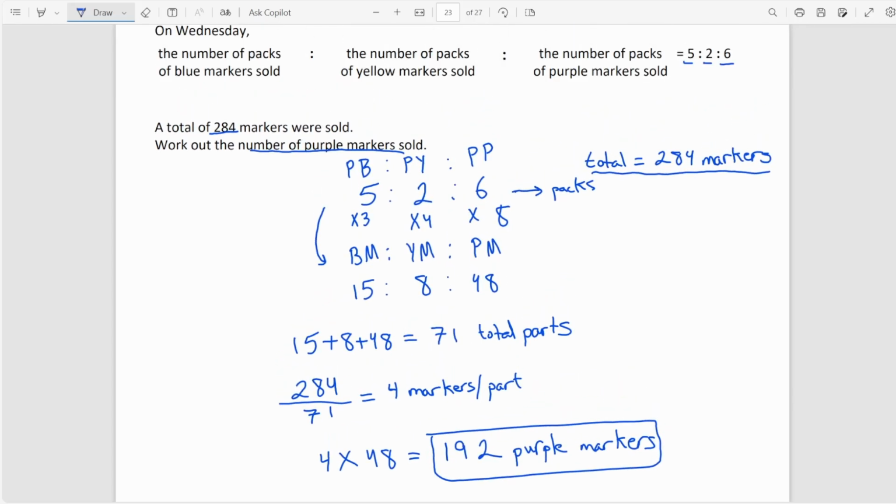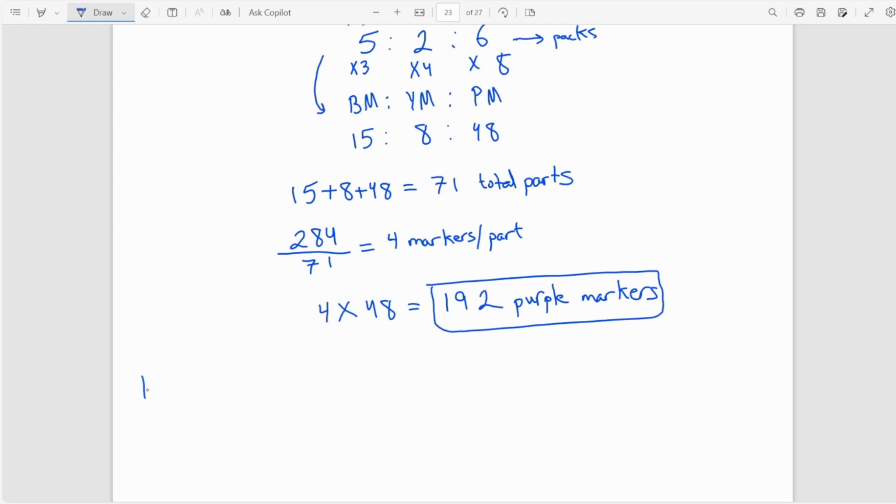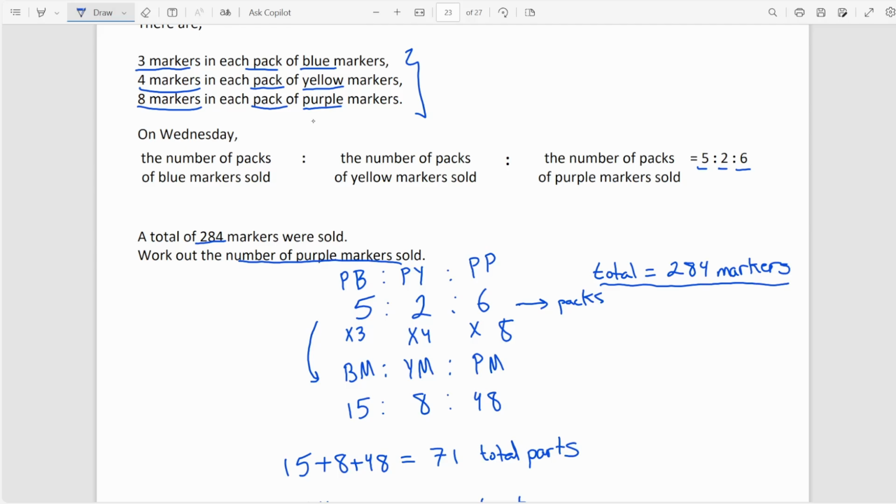If I was asked how many packs of purple did I sell, then firstly, I know that I sold 192 purple markers, and every pack of purple has 8 markers, right?